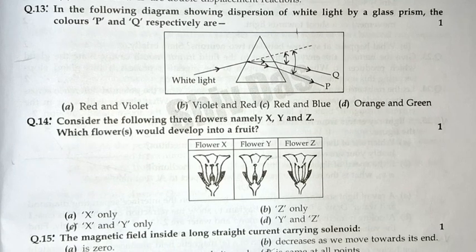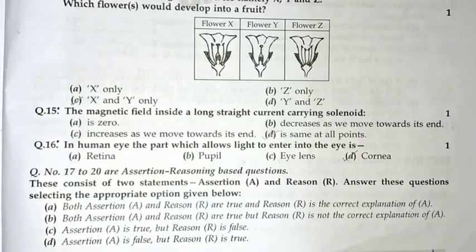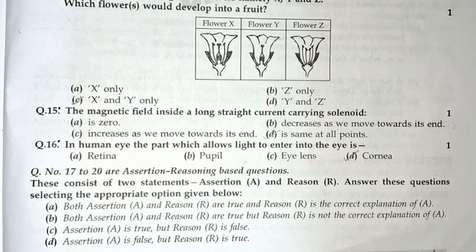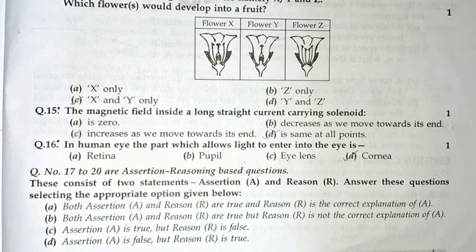Answer is flower X and Y only. Question number 15. The magnetic field inside a long, straight current carrying solenoid is same at all points. Question number 16. In human eye, the part which allows light to enter into the eye is part D, cornea.